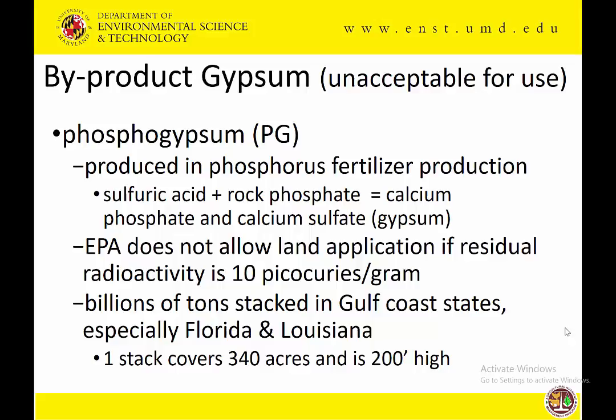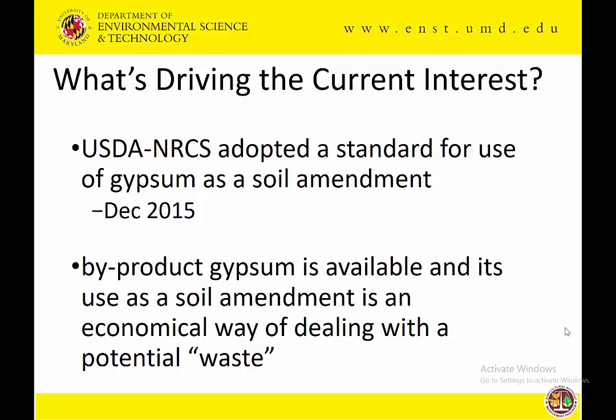The largest of the stacks covers 340 acres, and it's 200 feet high. So we could build a town on it. Or maybe EPA would allow that. So anyway, what's driving the current interest? Well, in December of last year, NRCS adopted a standard for using gypsum in agricultural land.